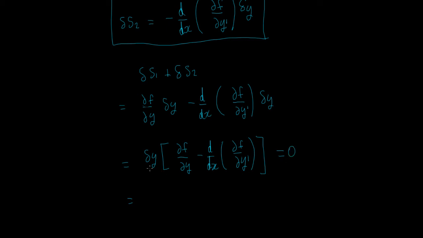Now delta y is a small value, so it's not equal to 0, but it is a small value. So what we have to do is make this term here equal to 0.